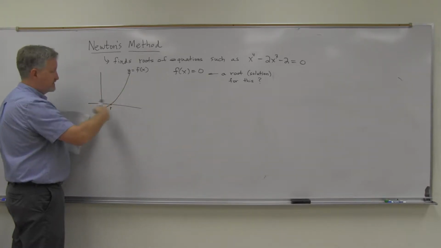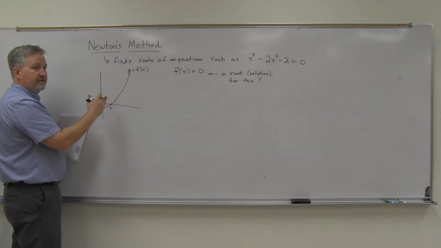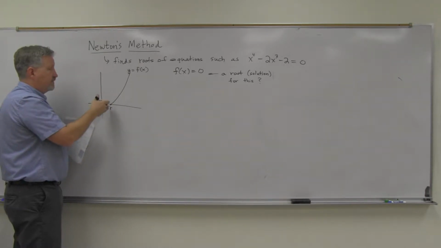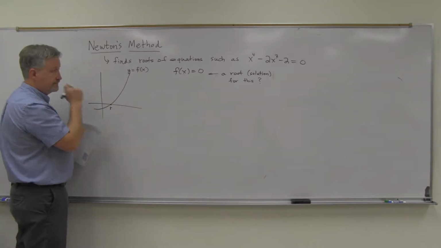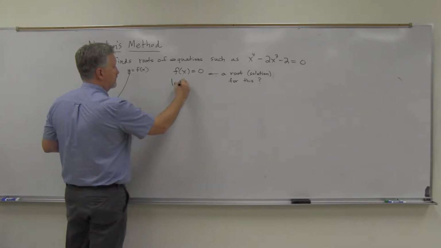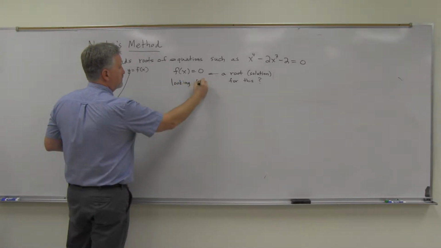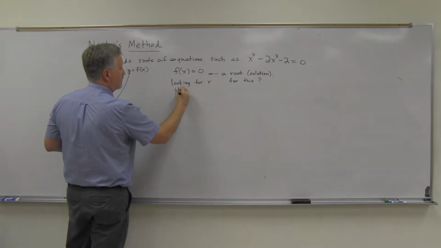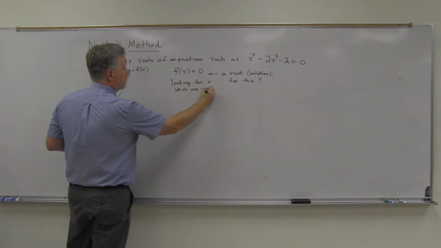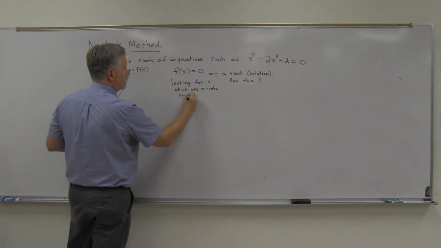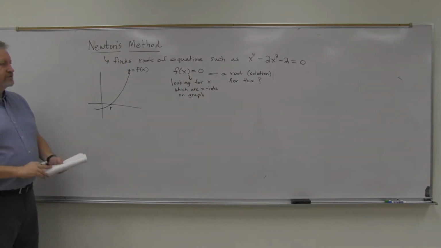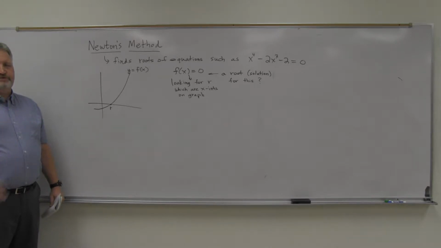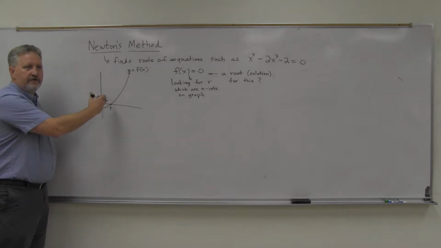I don't have the full graph, so there might be some other ones, but understand what I'm looking for when I graph these is the x-intercepts. So I'm looking for r, which are going to be x-intercepts on the graph, the real solutions.